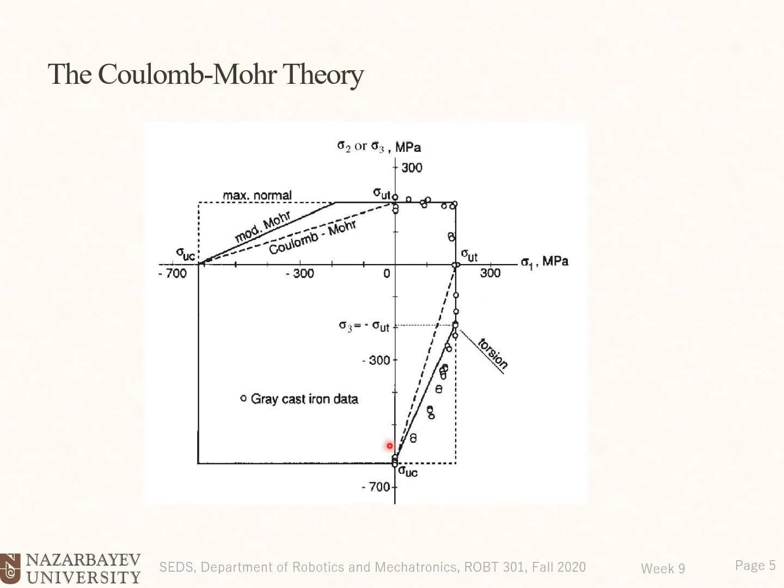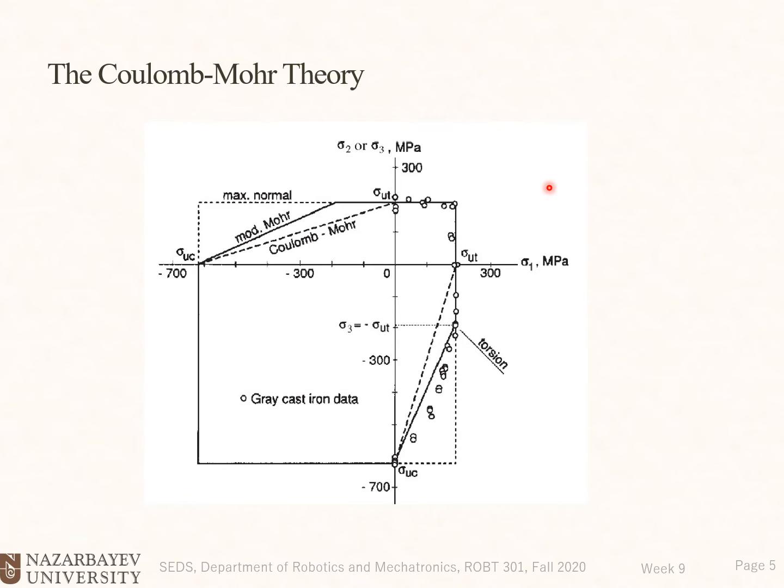Of course, the Coulomb-Mohr theory, this one, is more conservative, you could see, because it's inside the other one. So the Coulomb-Mohr theory is still valid and could be used, but if we are looking for better accuracy, then we need to go with the modified Mohr theory.